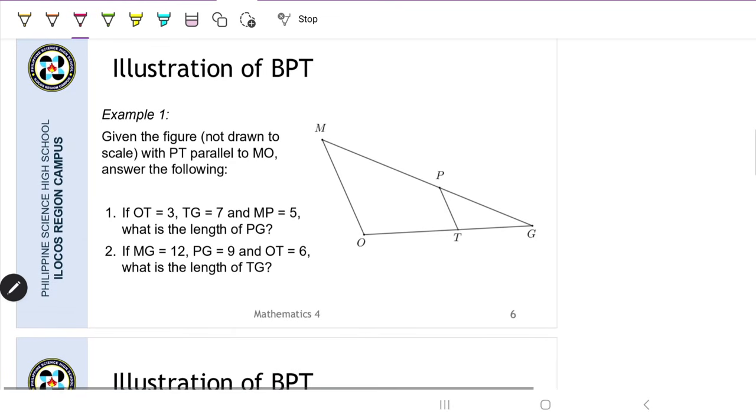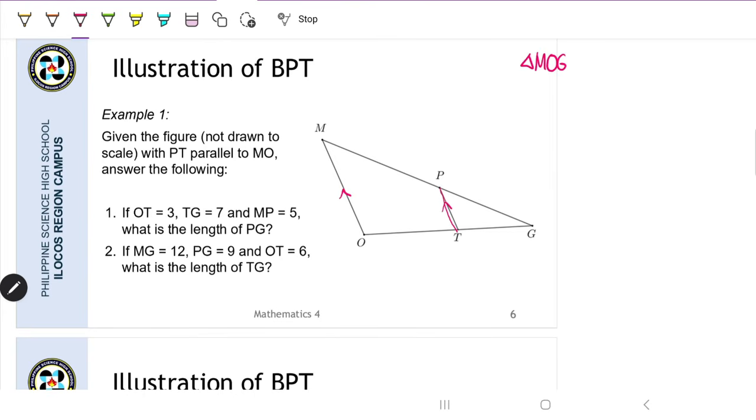Let's look at example 1. Given in the figure, which is not drawn to scale, we have here triangle MOG, and PT is parallel to side MO.